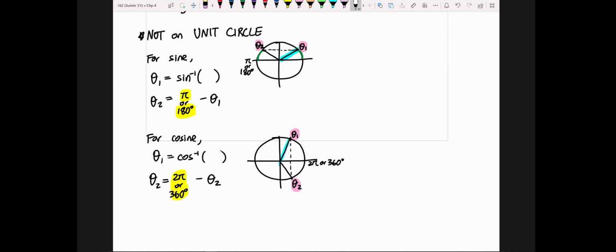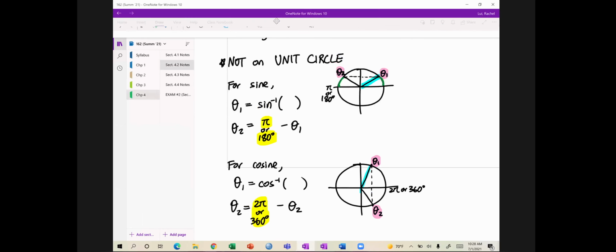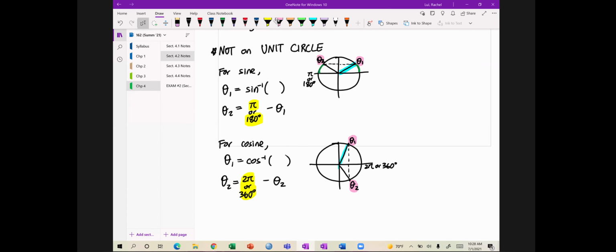So yes, go ahead. Not 0 and 90. Theta 1 will be between negative 90 and positive 90, or negative pi over 2 and positive pi over 2. It's in the restriction.